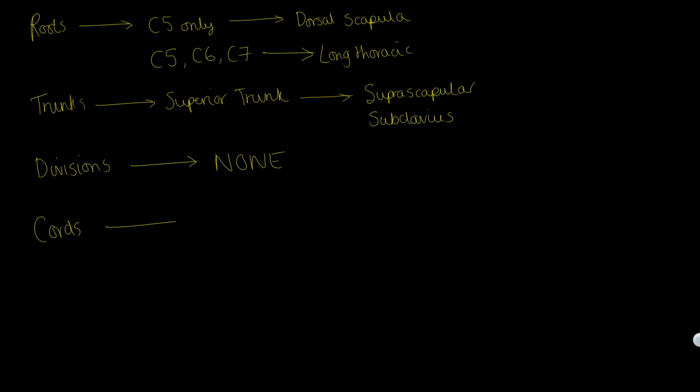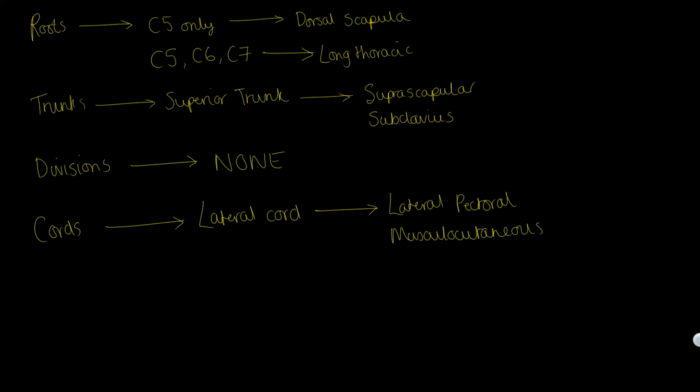When considering the cords, the lateral cord forms the minor branch, the lateral pectoral nerve, the major branch, the musculocutaneous nerve, and half of the major branch, the median nerve.